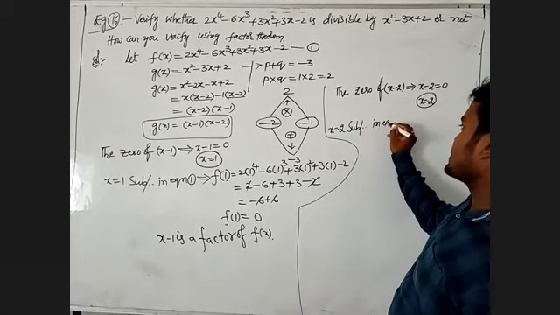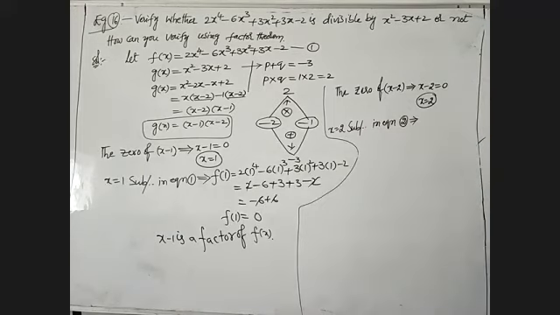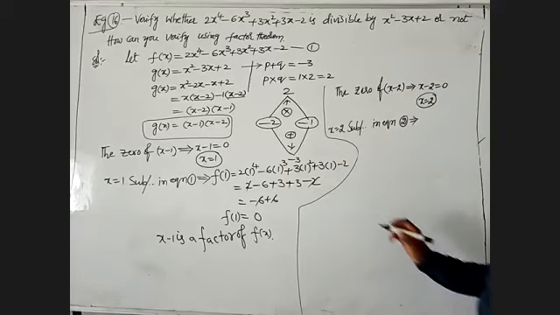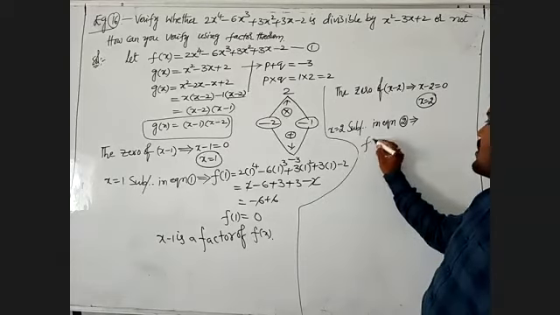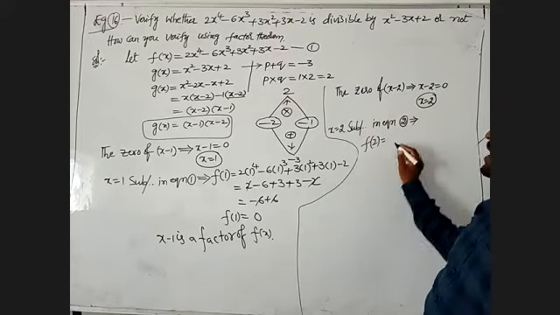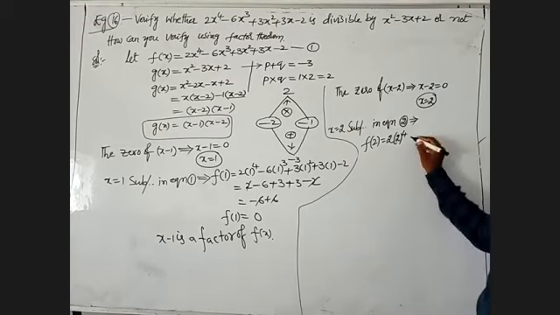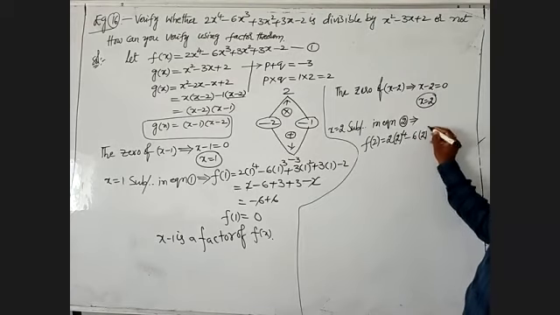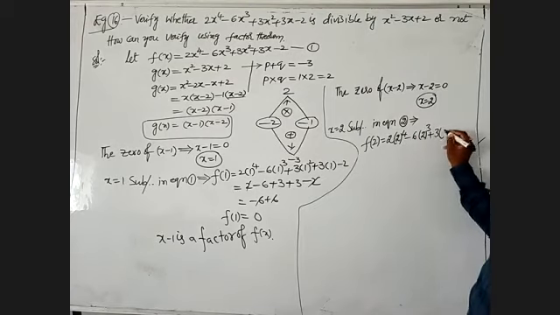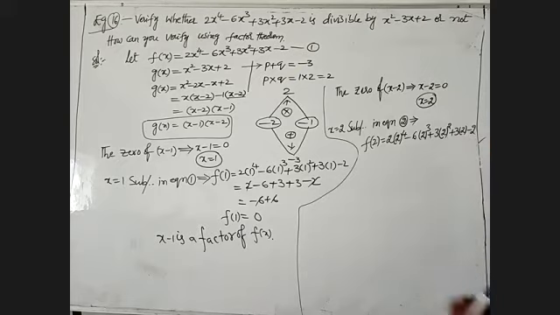Substituting x is equal to 2 in equation 1, f of 2 is 2 into 2 power 4 minus 6 into 2 cube plus 3 into 2 square plus 3 into 2 minus 2.